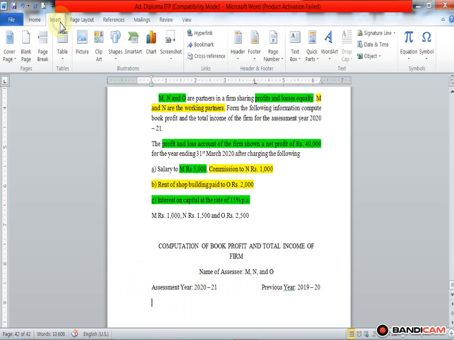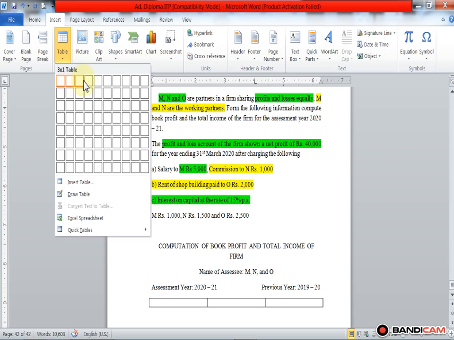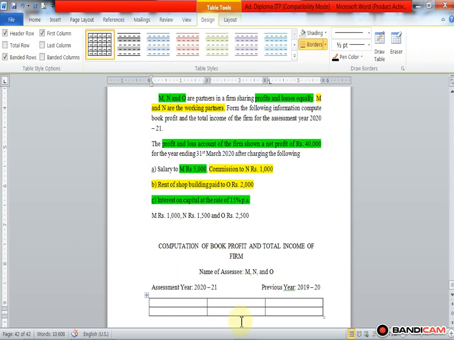Prepare a three-column format: particulars, rupees.